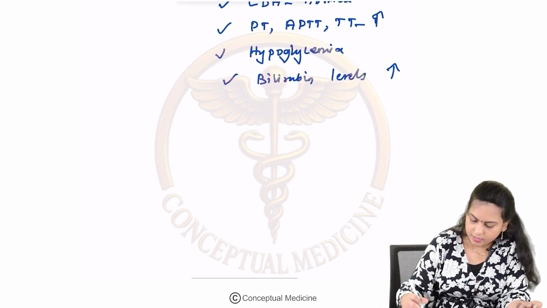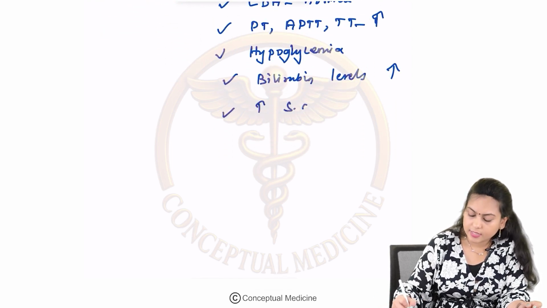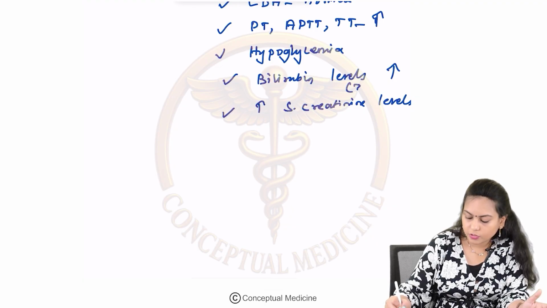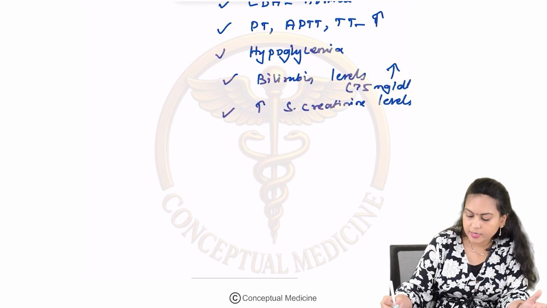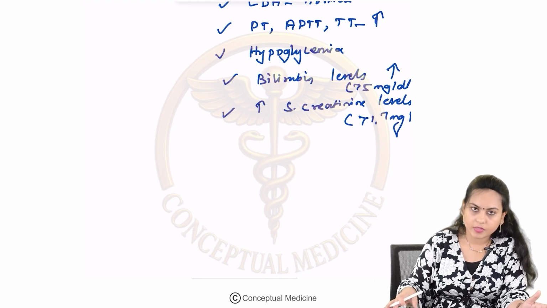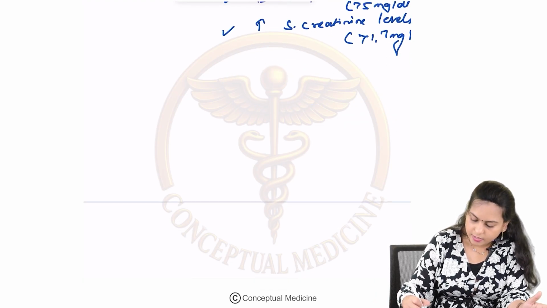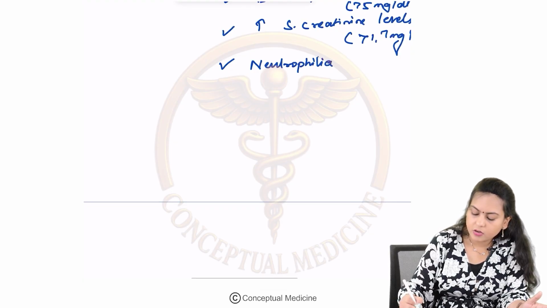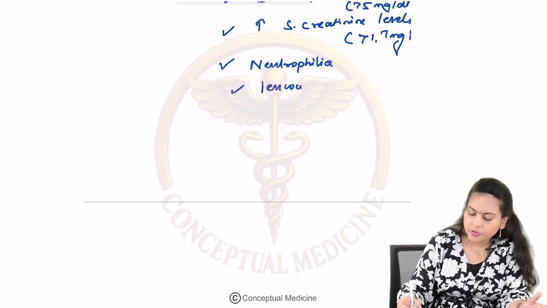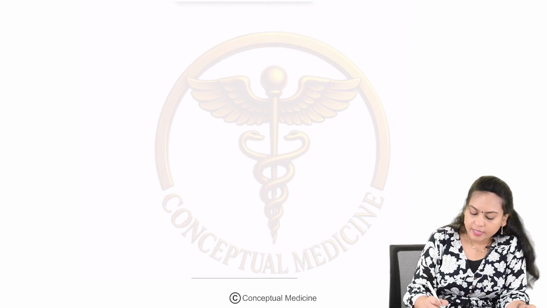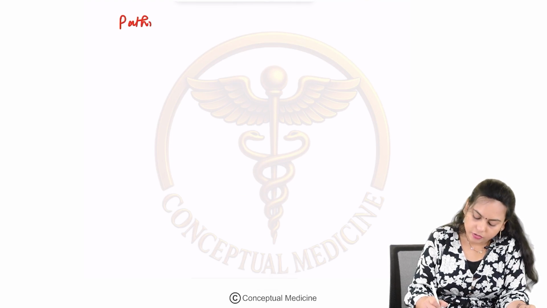There is also increased serum creatinine. Bilirubin levels are elevated more than 5 mg per deciliter, and creatinine levels are elevated more than 1.7 mg per deciliter. Clear? And there can be neutrophilia and leukocytosis also. Clear? Yes. Next, we will see the pathology.